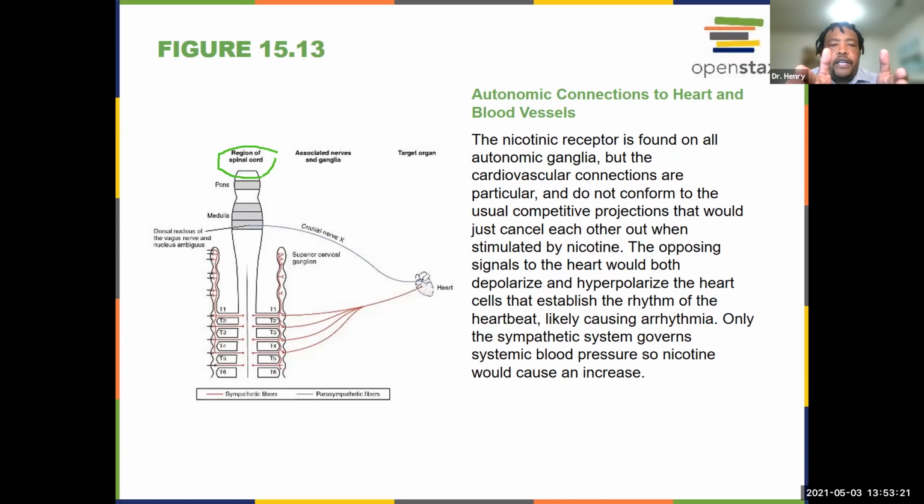They're going to be specific to that cardiovascular component, right? And so you're not going to have competition occurring between those receptors that deal with nicotine.